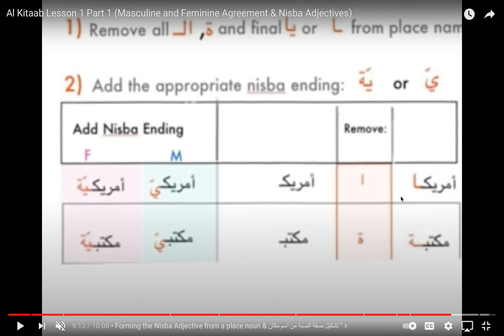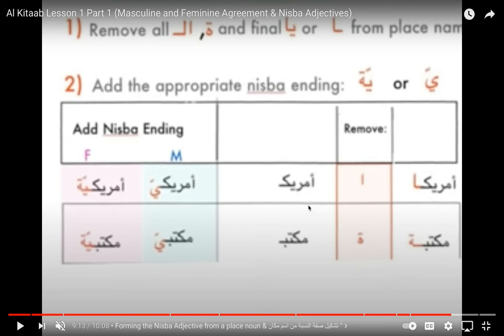If I would like to put a nisba, or if I wanted to use the adjective nisba, I will drop the alif. So I will take it and I will keep Amrik, and then I would add for a male the ya, like I said, the ya with the shadda. And for a female, I would just add the ta marbuta.